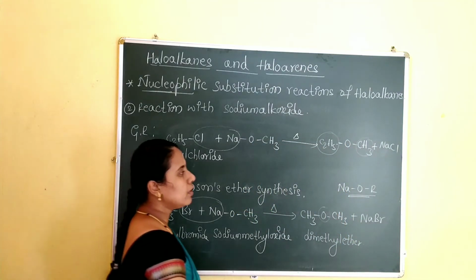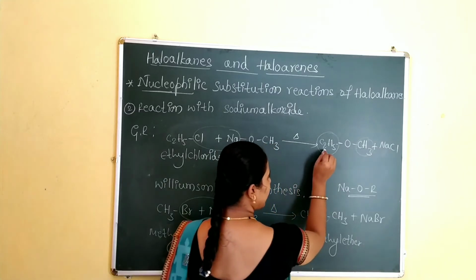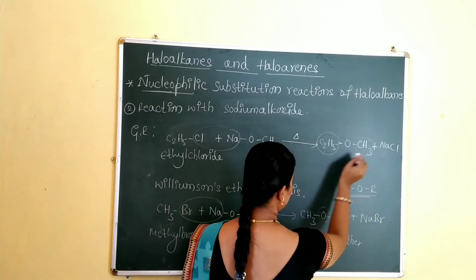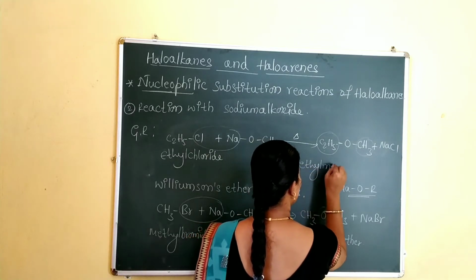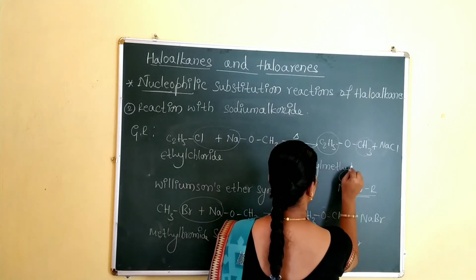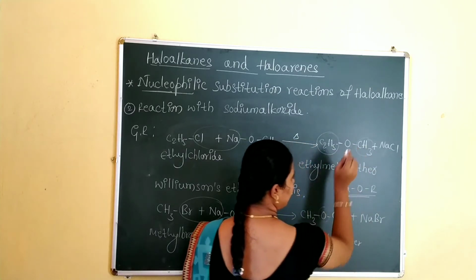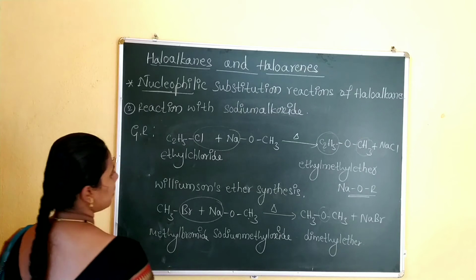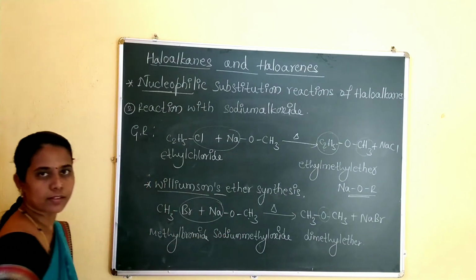When there are two different groups, then we have to use the alphabetical rule. Ethyl comes first, later methyl. Therefore, this is ethyl methyl ether. This is very important, Williamson's ether synthesis.